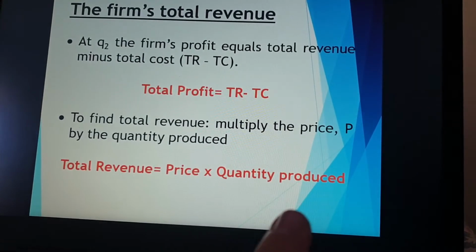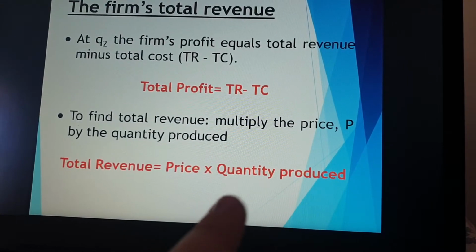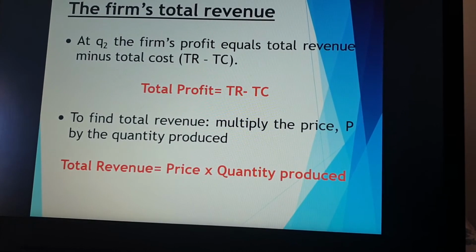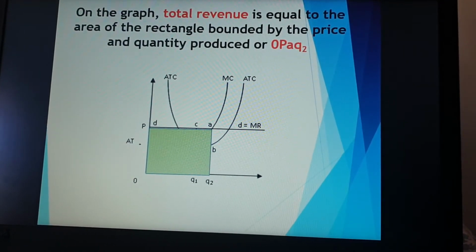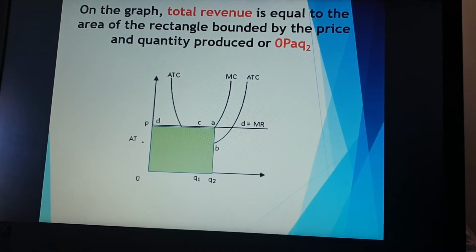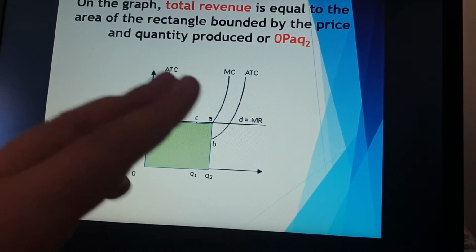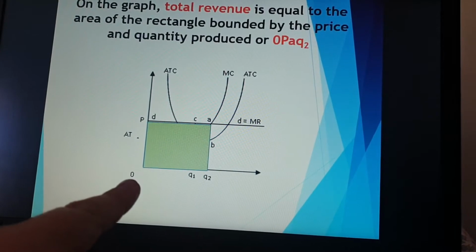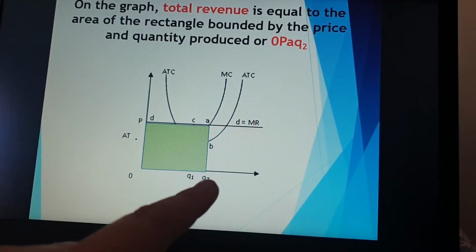And remember we said we're going to produce at point Q2, because that is where MR equals MC. So on the graph, total revenue is equal to the area of the rectangle bounded by the price and quantity produced, or we can also say by point 0, P, A, Q2.